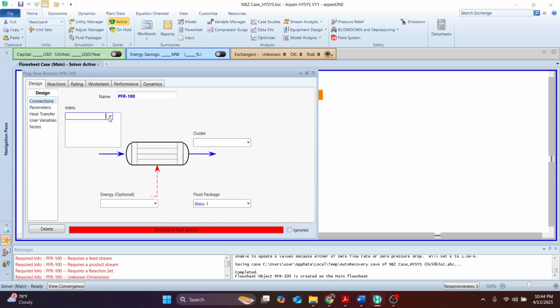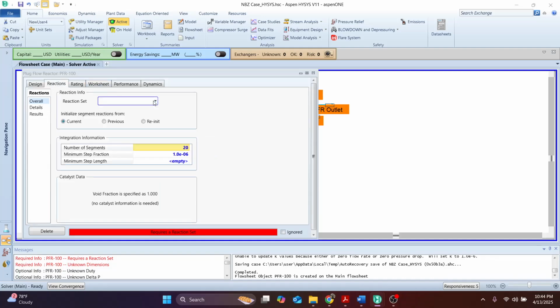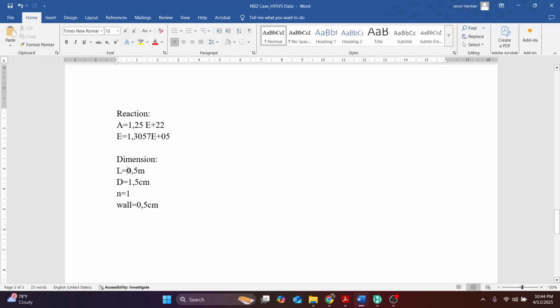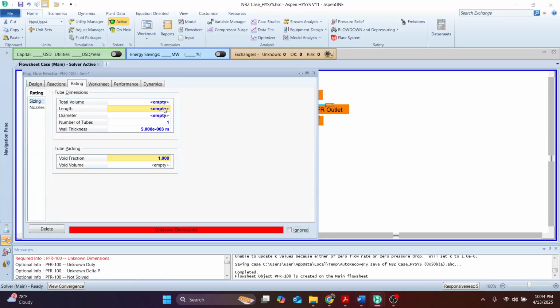So the inlet will be the PFR feed, and the outlet will be the PFR outlet. Energy is Q3, and the reaction set is from the RX1 set 1. And then for the dimension, there is the specified length of 0.5 meter.